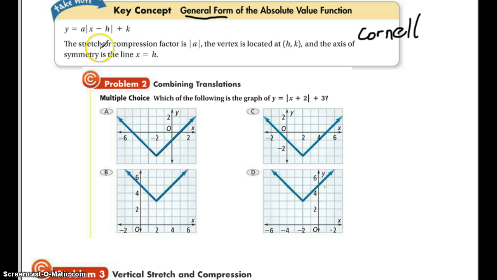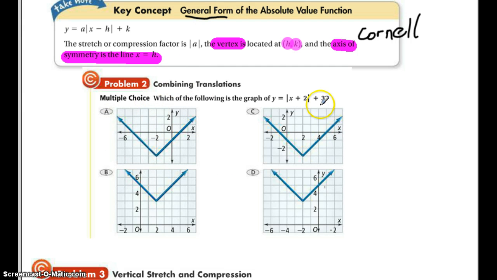The neat thing about this general form is that it quickly allows us to take a look at the vertex (h, k) and the line of axis of symmetry is always the line x equals your h value. Now, what does that look like? Let's take a peek and find out.